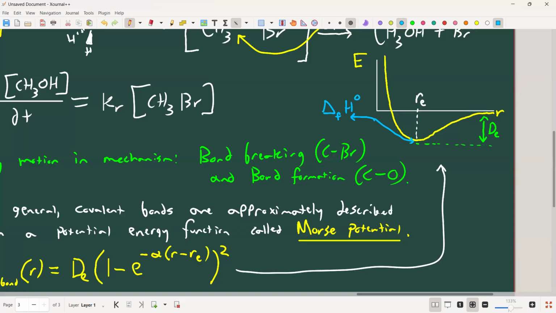Maybe it's delta G. It doesn't really matter what units we use for the energy. We can use Gibbs, enthalpy, or total energy. It just depends on if we're at constant temperature or constant pressure. But in general, we have this kind of intrinsic stability to a bond, and there's some magic point where the bond is most stable, the equilibrium distance. This is where that molecule is sitting.